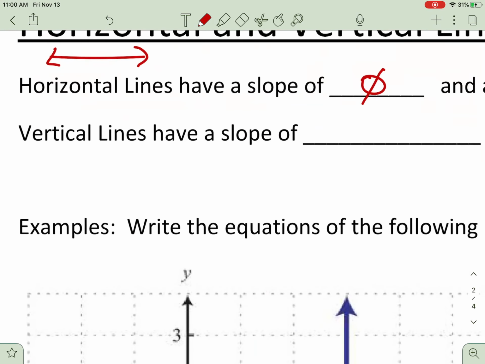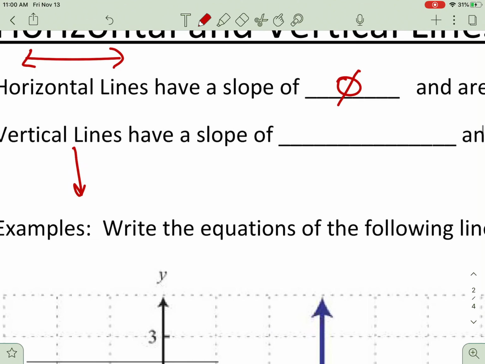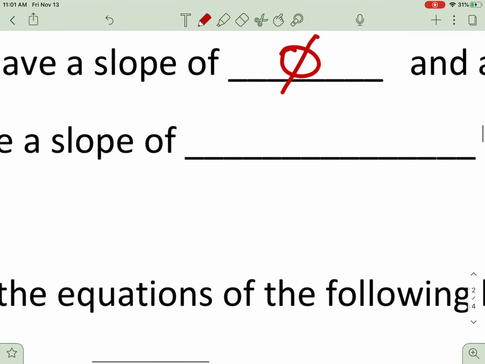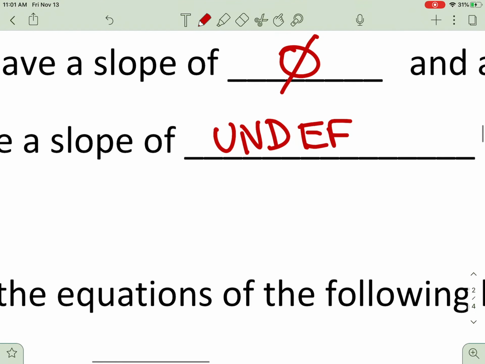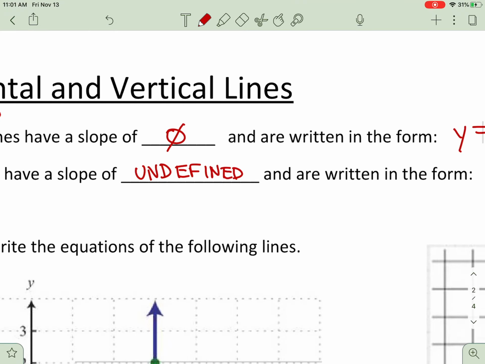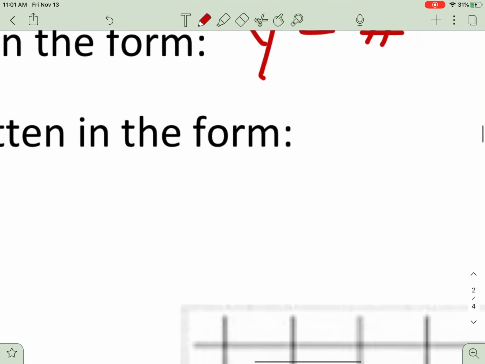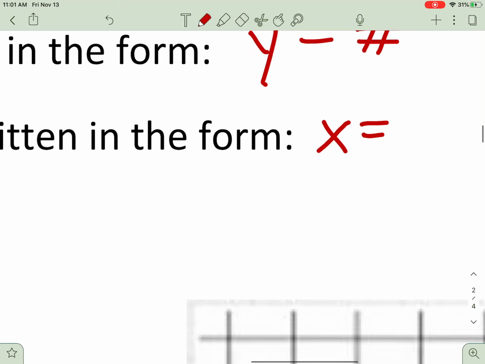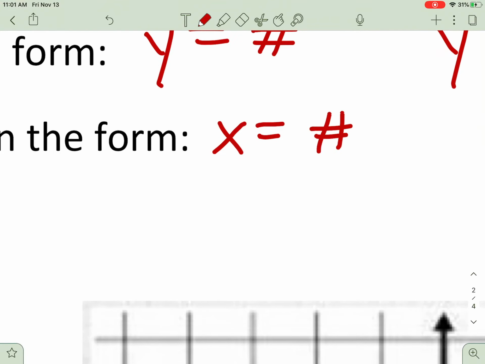Vertical lines have a slope of, be careful on your spelling here, that was not very good on the test either, undefined. Not undetermined or unidentified. Some of us were putting UFO on the test, but undefined. And vertical lines always have x equals some number.